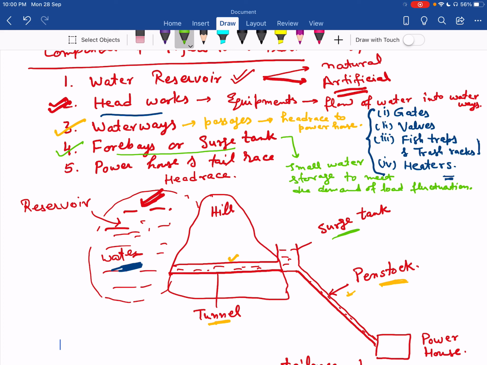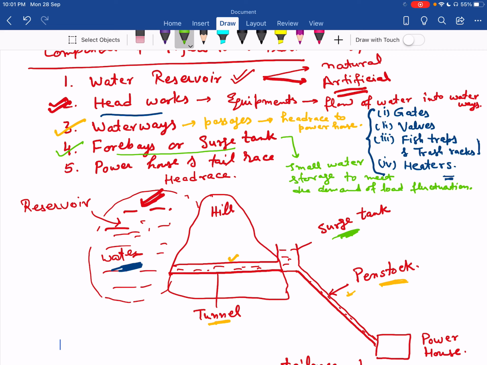That fluctuating demand, depending upon the peak time or lean time, is met from this small tank that we call the surge tank. This is also called the forebay. It is a very small water storage tank.